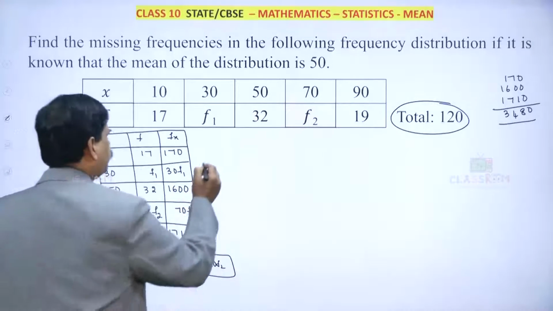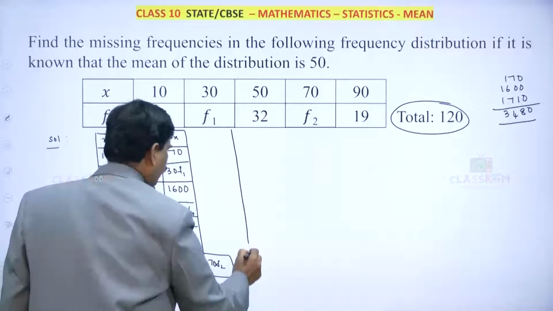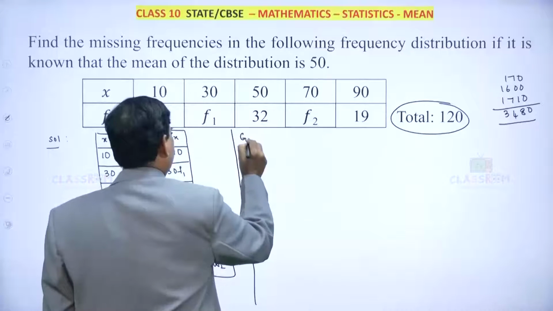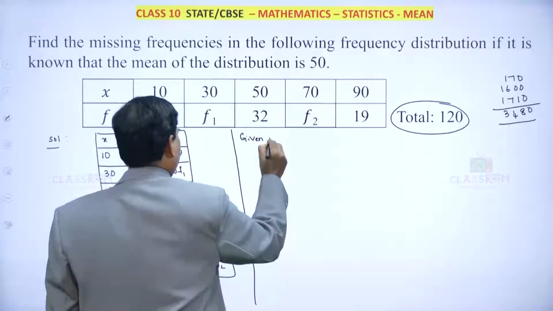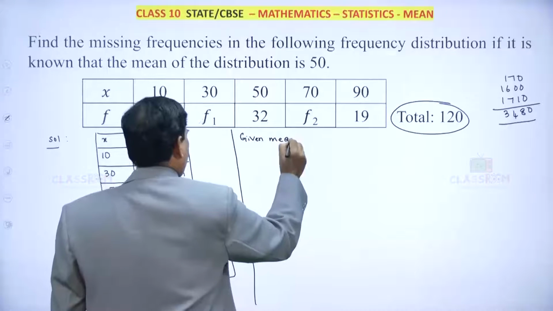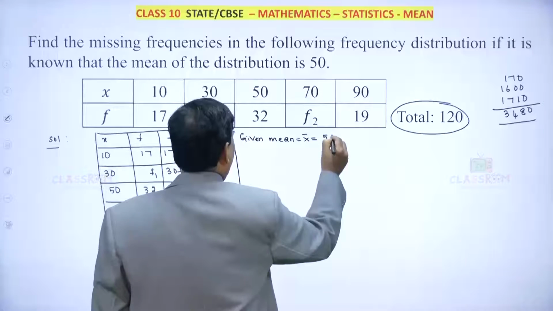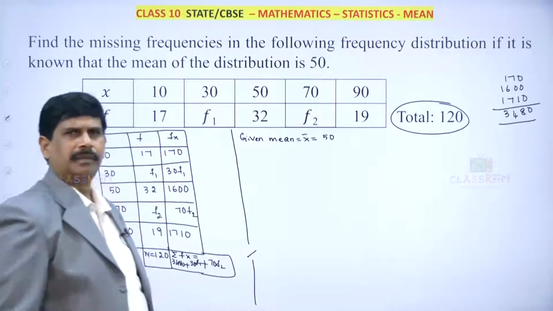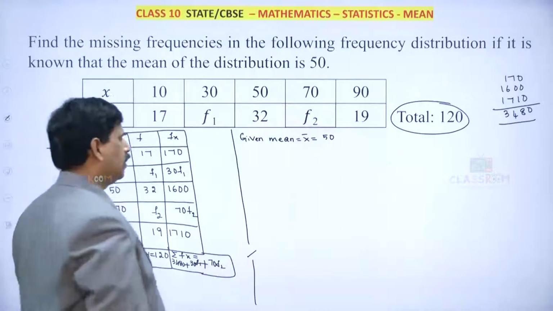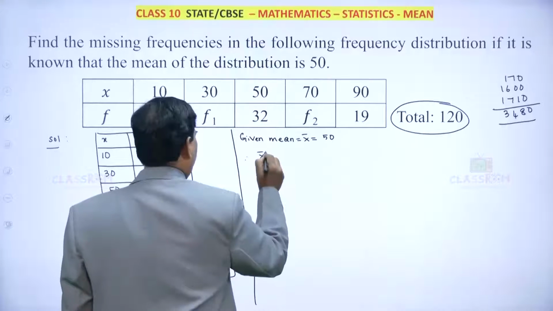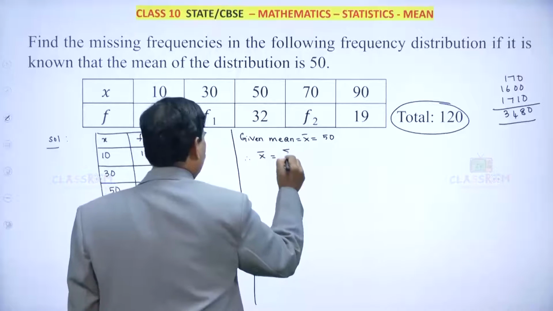So now, what is the given mean? Given mean x bar is equal to, what is the given mean, children? 50 is the given mean. So therefore, we know the formula for mean.